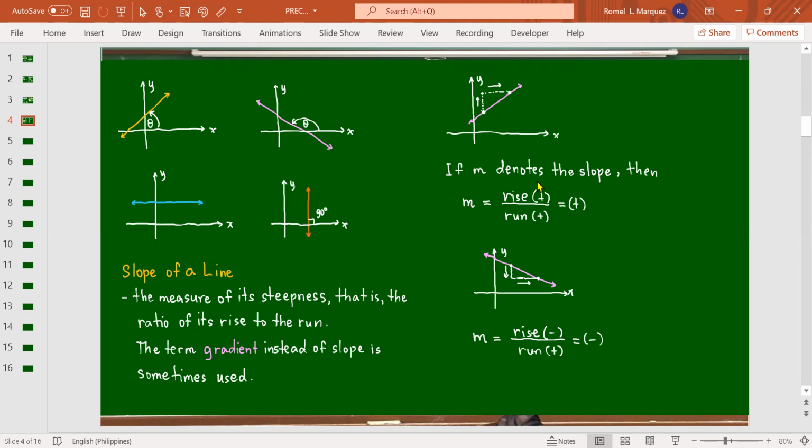So the slope is positive if the line rises up to the right, and it is negative if it is rising up to the left. Guys, if you have a negative rise, that is actually called fall. Okay, guys?